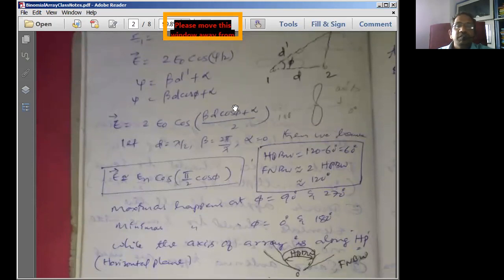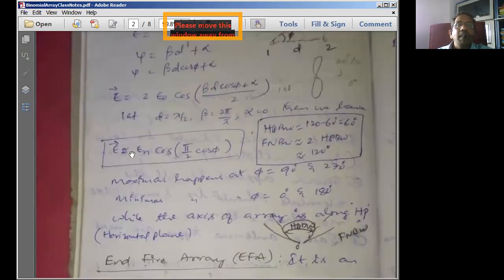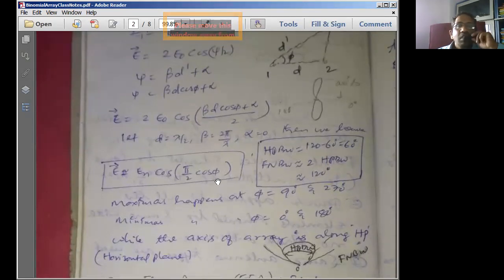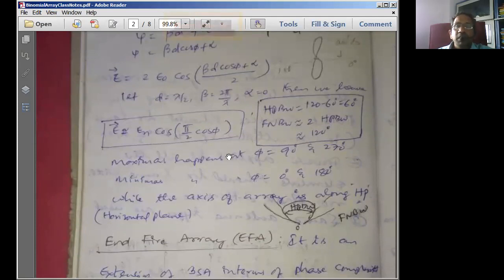Once we substitute all this in this equation, I'll be getting this equation: E is equal to En cos of pi by 2 of cos phi. Already we have solved this. Now similar to the previous procedure, you have to find out the maximas and minimas. In the previous sessions we got that maxima happened at phi equal to 90 degrees and 270 degrees, and the minimas happened at 0 degrees and 180 degrees.